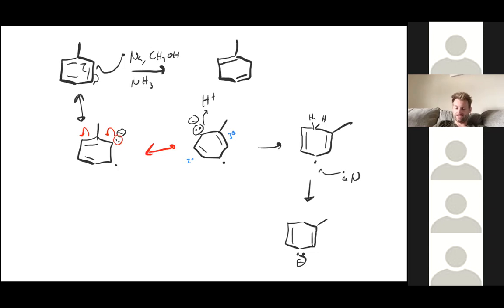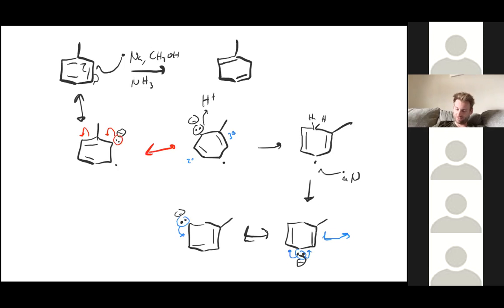The reason for that is it has two resonance structures. It could either go here or here to get resonance, versus if you had it on one of the endpoints. The only resonance structure this could make would be going back the other direction, versus this one here where it could go in either direction.